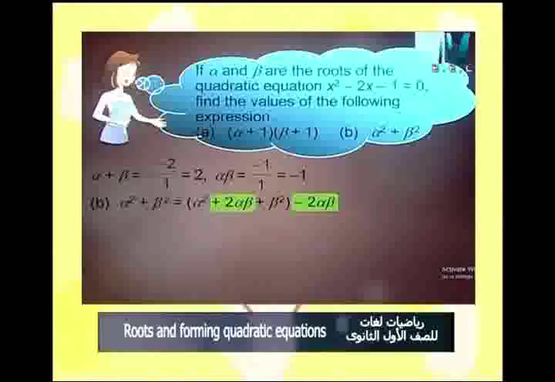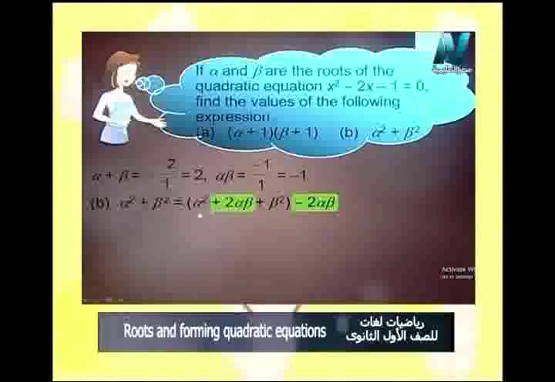B here, alpha power 2 plus beta power 2. We know that alpha power 2 plus 2 alpha beta plus beta power 2 is alpha plus beta all power 2. We add here 2 alpha beta and we subtract here 2 alpha beta to keep the balance.